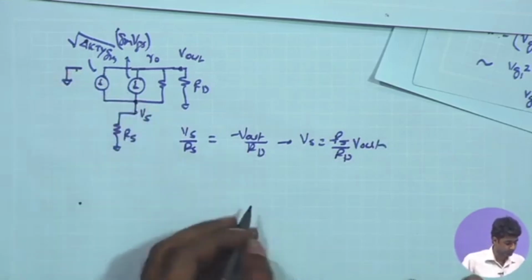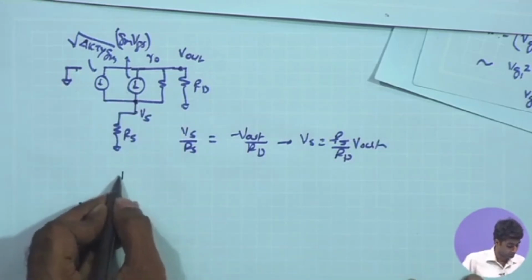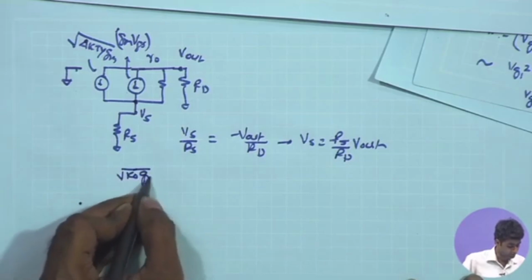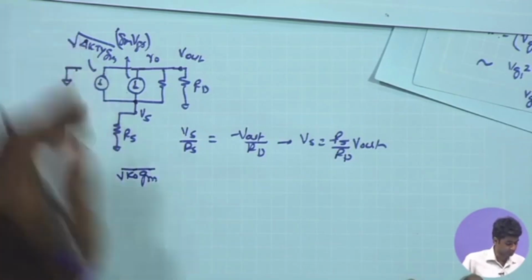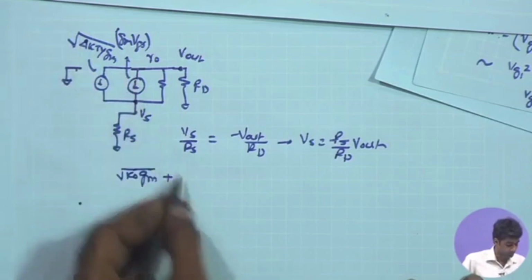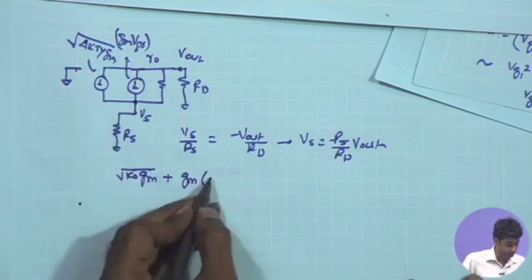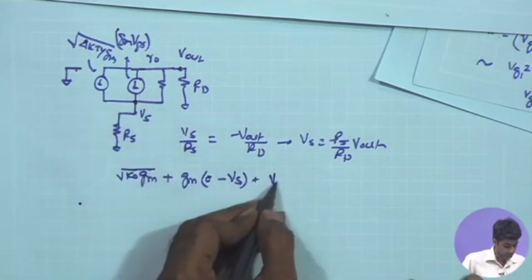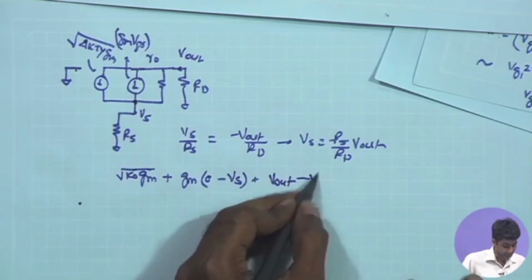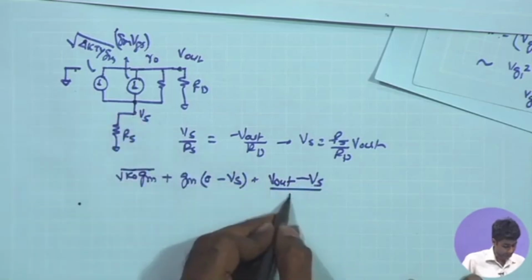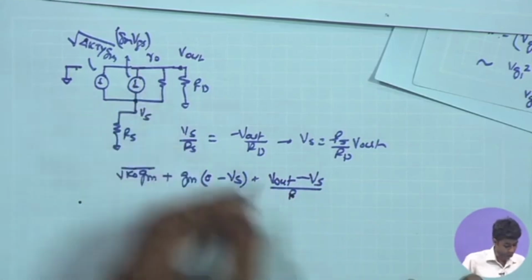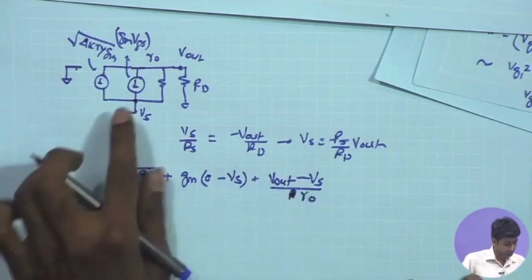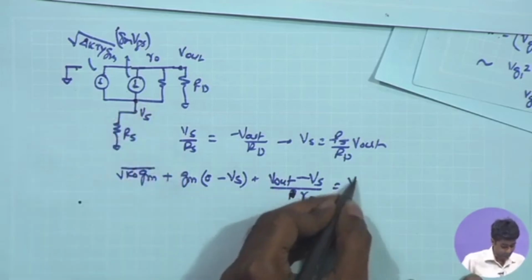Then I can write down the overall expression for current over here, which is root under K0 times GM, which is the current just dependent on GM, plus GM times VGS, which is 0 minus VS, plus V out minus VS upon RO. This should be equal to Vs upon Rs.